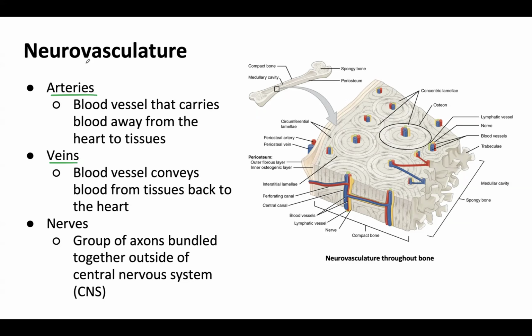So arteries and veins make up the vasculature part of neurovasculature. And the neuro part will be nerves. And nerves are bundles of axons that are grouped together outside of the central nervous system. And these structures tend to travel together in what's called neurovascular bundles.